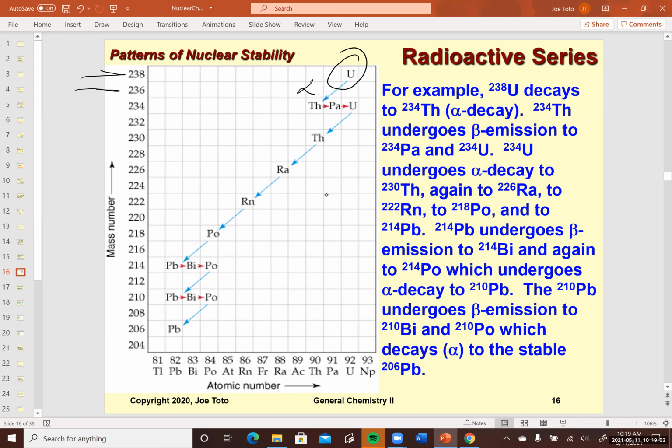And then it converts neutrons to protons this way, so each one of these is a beta decay. And then I have another alpha decay, another alpha, alpha, alpha, alpha, a beta, beta, beta, alpha, alpha, until I get to a stable form of lead. And then that ends the radioactive series or the process.